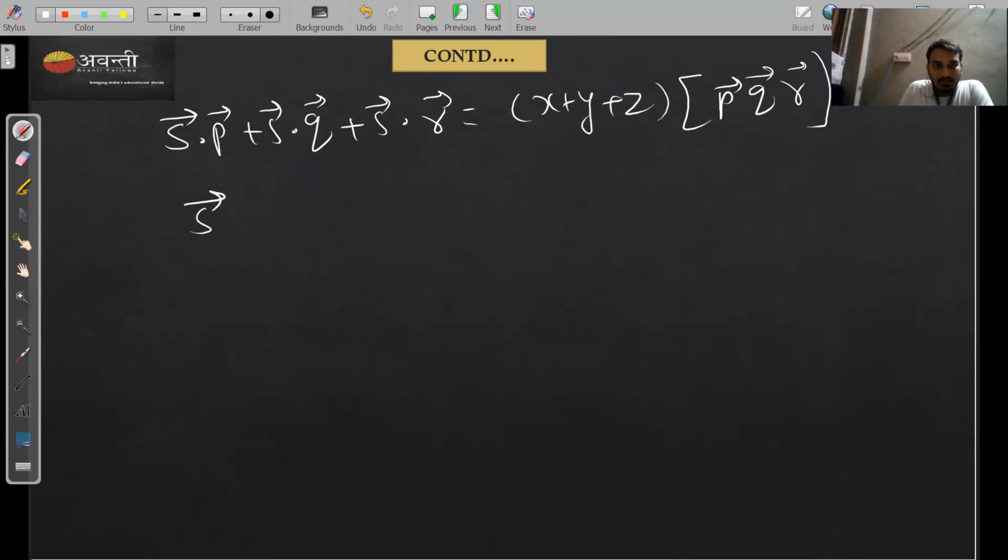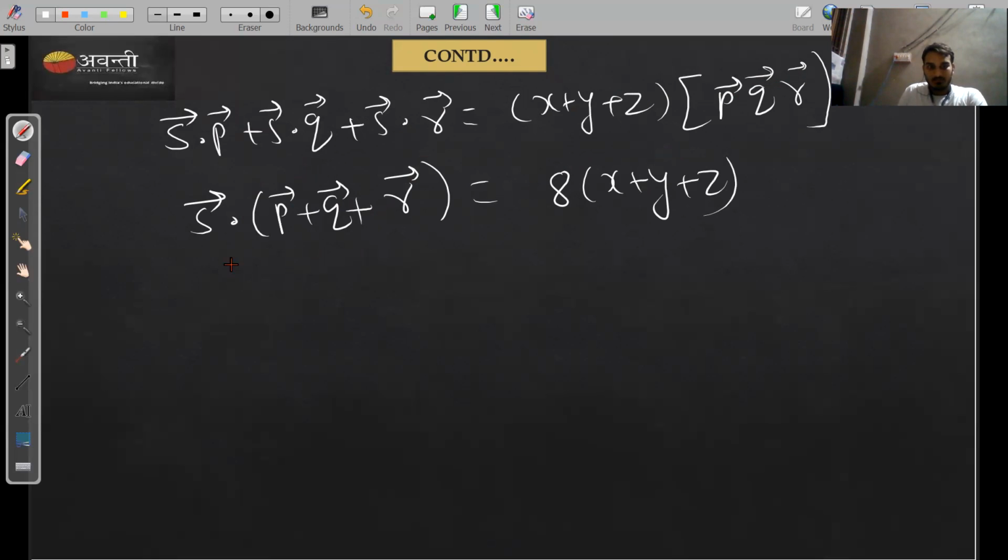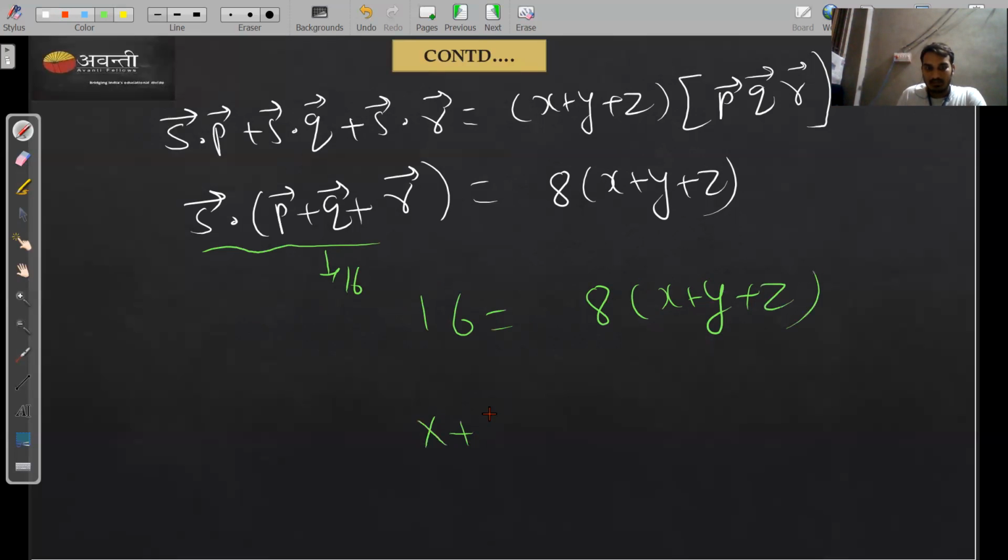And the left side can be written as s dot p plus q plus r, whose value is given as 16. So 16 is equal to 8 times x plus y plus z. So the value of x plus y plus z is equal to 2. Any doubt?